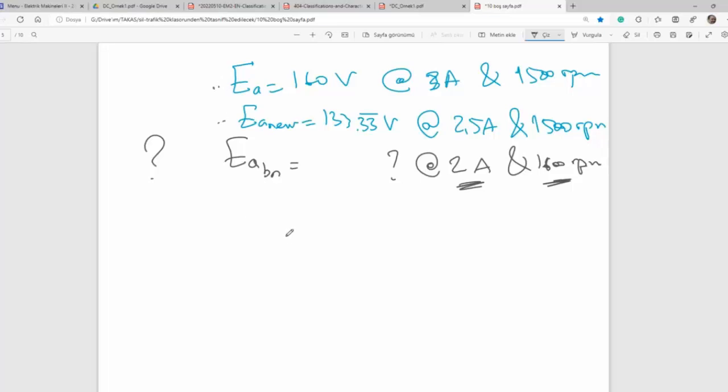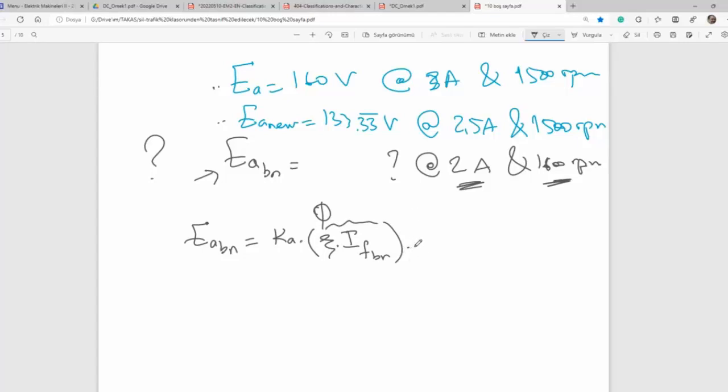Let me write the last one first. Armature EMF brand new value is equal to Ka times flux times, instead of flux, a linear relation, zeta times If brand new. I have already talked about this: that was a linear relation coming from the no-load curve.